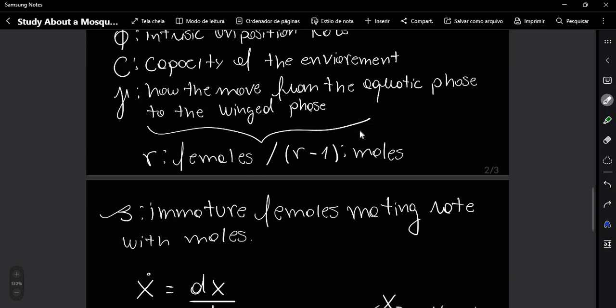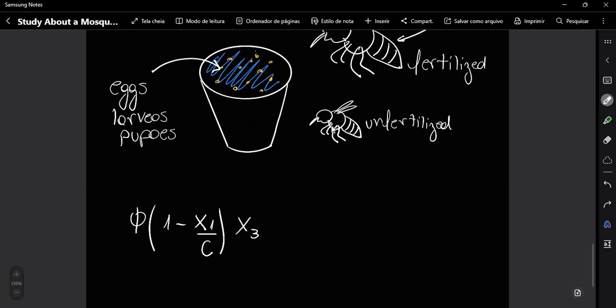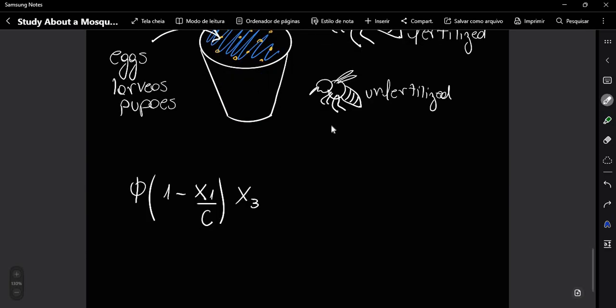So let's see. I'm following the book, but trying to do an illustration, trying to describe my understanding about this problem.